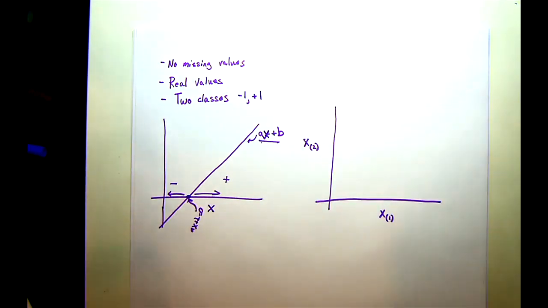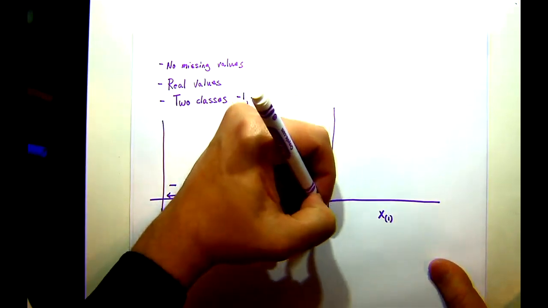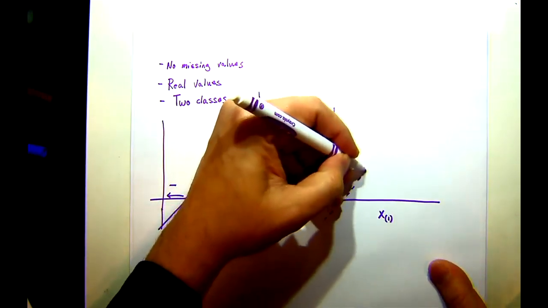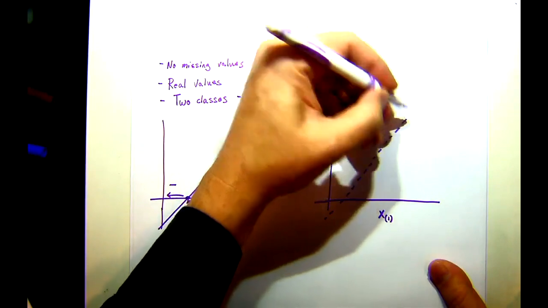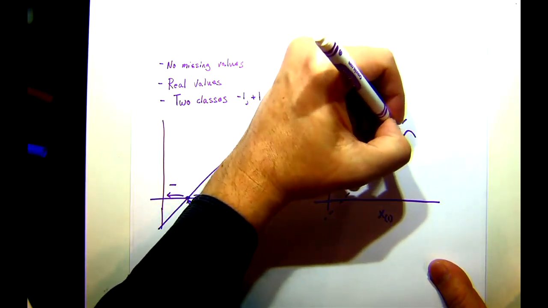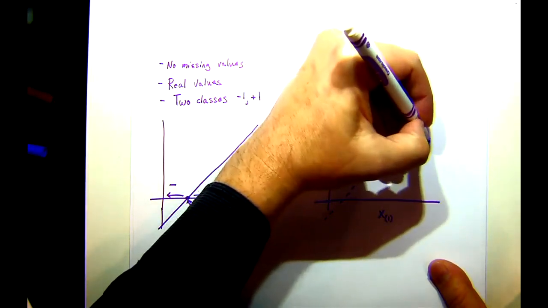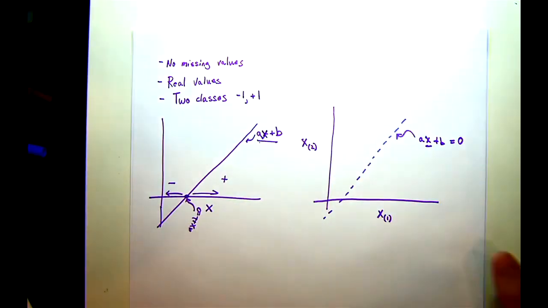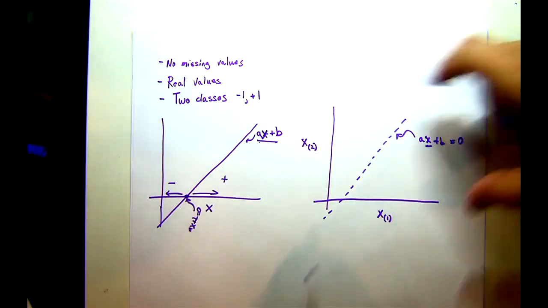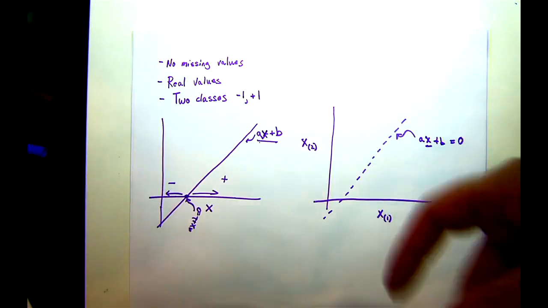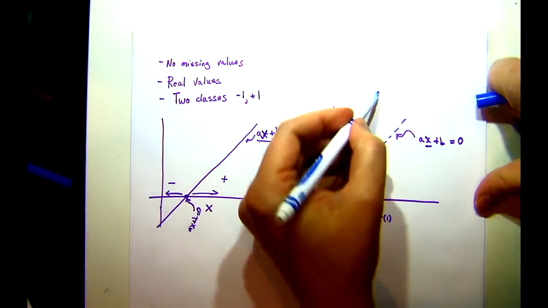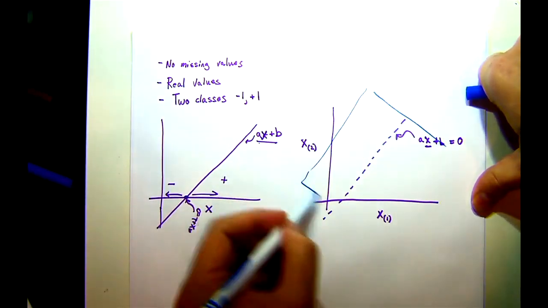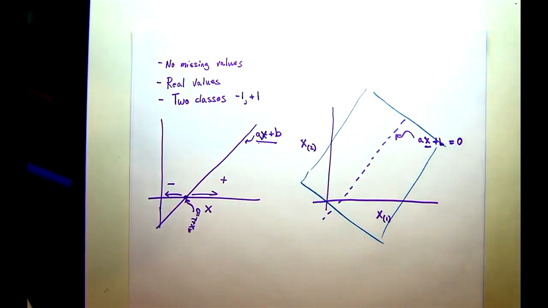The way we're going to draw this is with some dotted line, and this is the line ax plus b equals 0 of some plane. This is part of a plane that is slicing through the two-dimensional thing. So the plane is coming out into 3 dimensions.